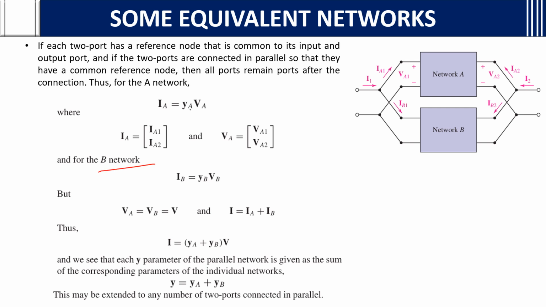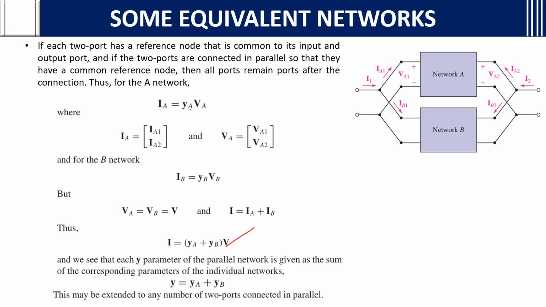For the network B also we can write IB equals YB into VB. VA is equal to VB, which equals V. And the total current I is IA plus IB. So the combined equation is I equals YA plus YB into V.